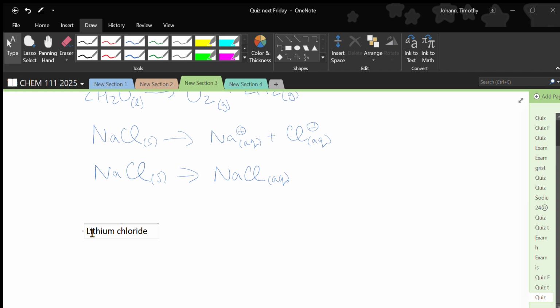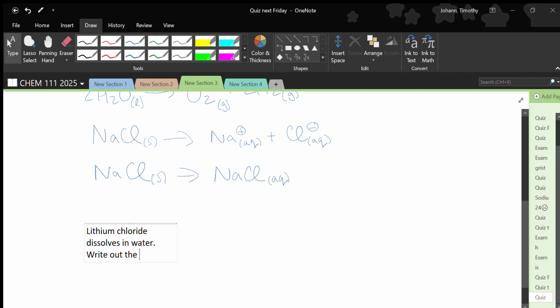Lithium chloride. So what the question might be is: lithium chloride dissolves in water. Write out the balanced equation for this process, including your phase symbols.